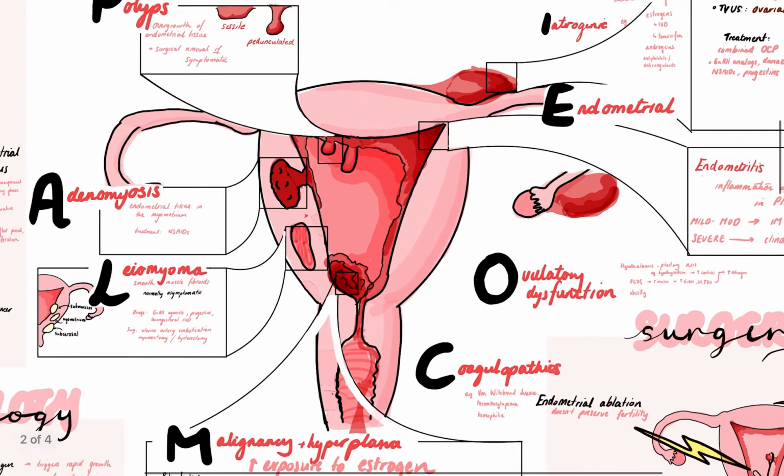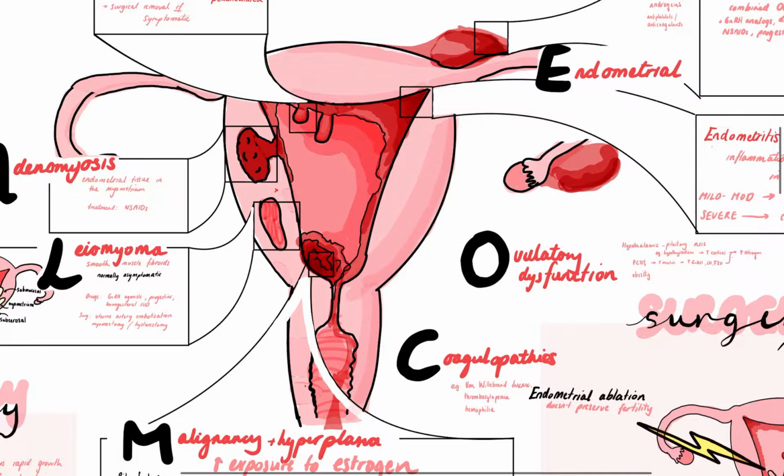The outside is the serosa, which is a one cell thick layer that covers the uterus. Then we have the second layer, which is the myometrium. The myometrium is made up of smooth muscle cells that can contract, for example, during labor and during delivery of the fetus.